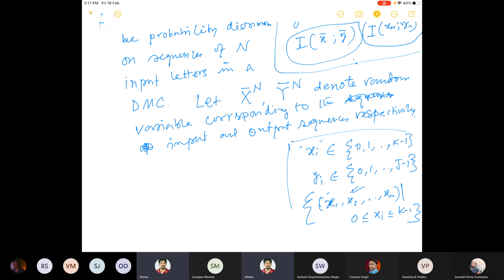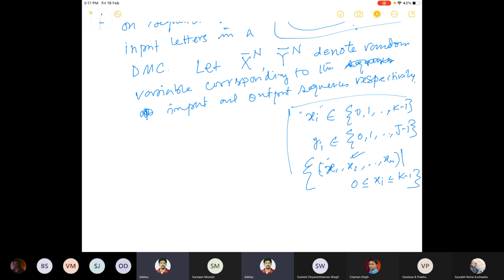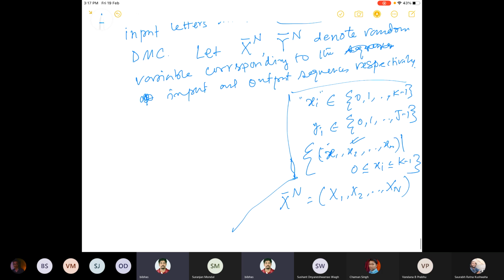Second thing is, when I write X bar n, this is basically the joint random variable X1, X2, ..., Xn. And whenever I write Y bar n, this is Y1, Y2, ..., Yn.